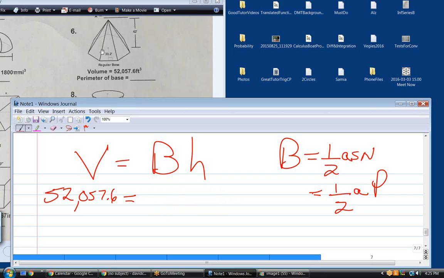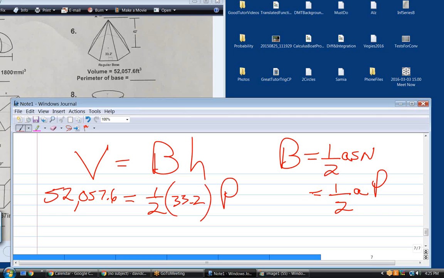We don't need to know the shape of that thing. We don't need to know if that's a hexagon or a septagon or an octagon, because the area of the base is 1/2. I do know the apothem is 33.2, and the rest of it is the perimeter, and that's what they're asking for. So they don't really ask for the side length or the number of sides.